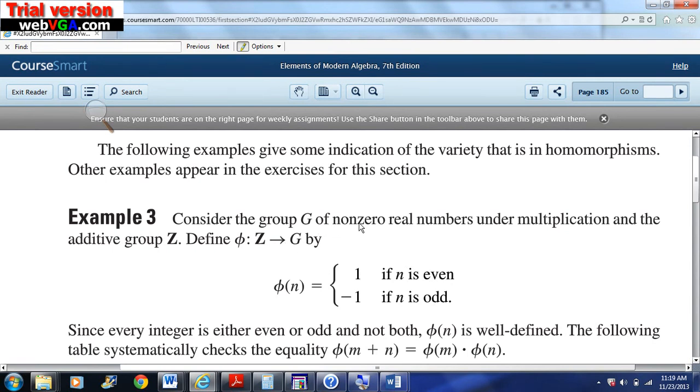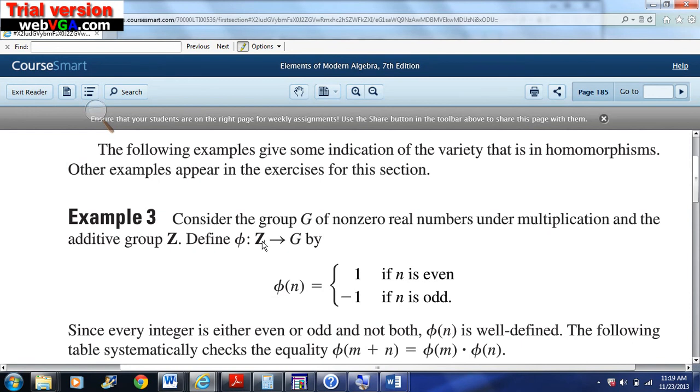So G represents non-zero real numbers. So that would be negative and positive numbers for G, the set that we're mapping to.